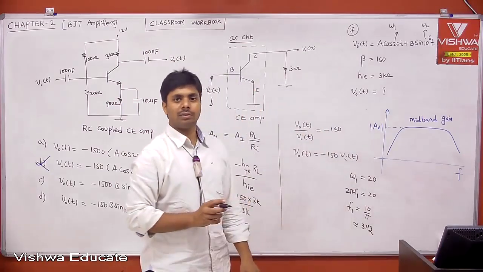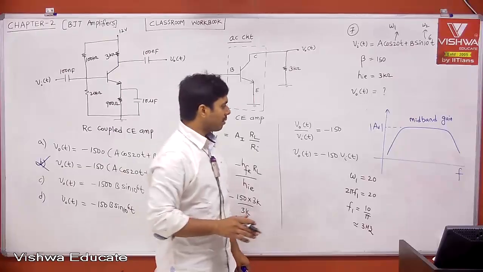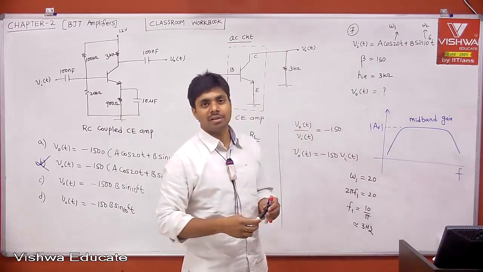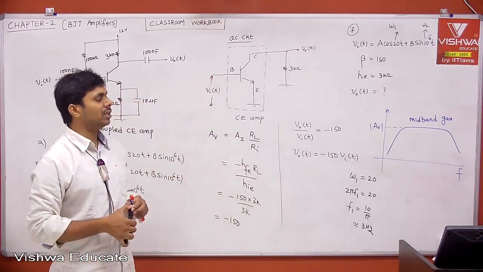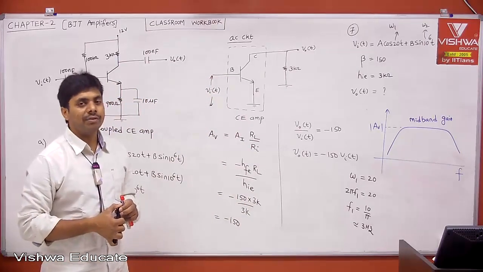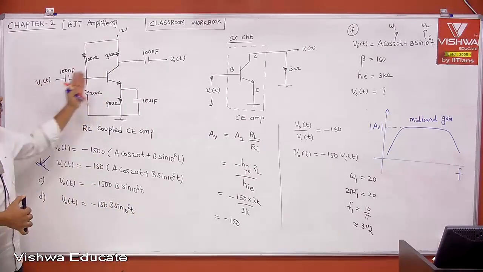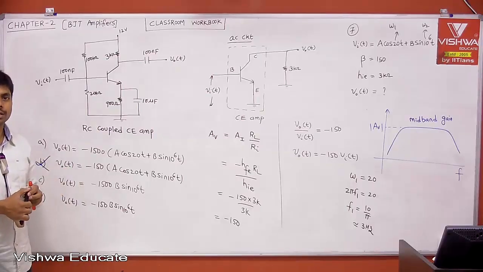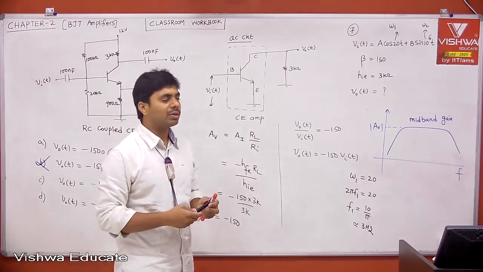What is 3 hertz? Very low frequency, almost nearer to 0. When it is almost 0, the gain of the amplifier is 0. Indirectly, A cos 20t is the low frequency component of your input signal, and it will not be amplified because of the coupling capacitor. Therefore, it will not amplify the A cos 20t component of your input signal.